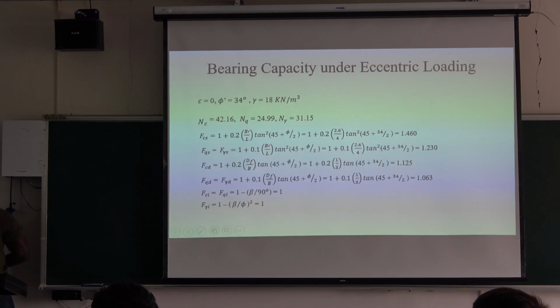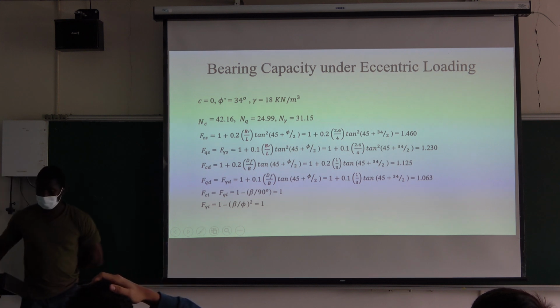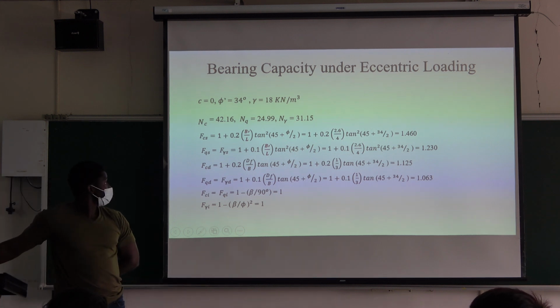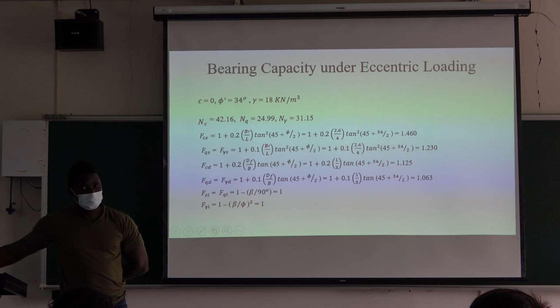Before we move on, anything else here? All good? In case the sand was wet or saturated, would the angle of friction be 0? Not necessarily, no. If it was a saturated clay, then when you're doing a long-term analysis or something like that for clay, yes.